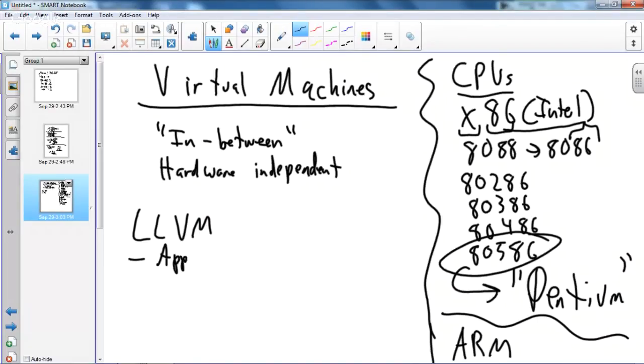This was financed largely by Apple. And for many, many languages, what you do is compile to LLVM, and then from there, that goes into either Intel or ARM. One of those two directions.